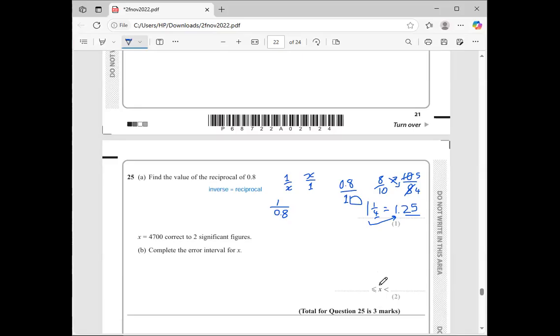Since we're presuming it's two significant figures, and error intervals are usually in decimal places, but this guy doesn't have any decimal points, so I think it's safe for us to say 4,700. Okay, so two decimal places.